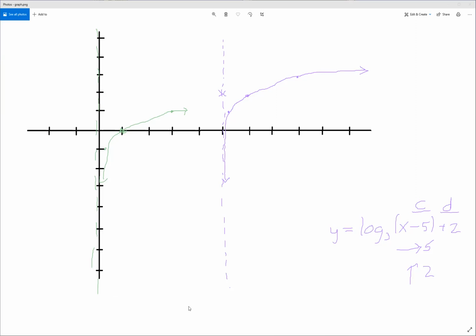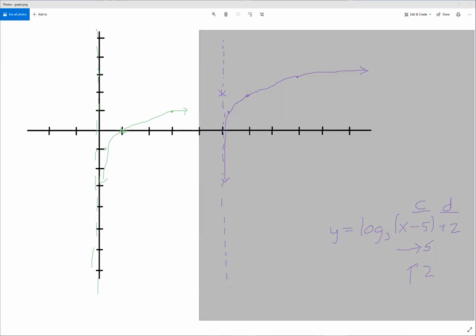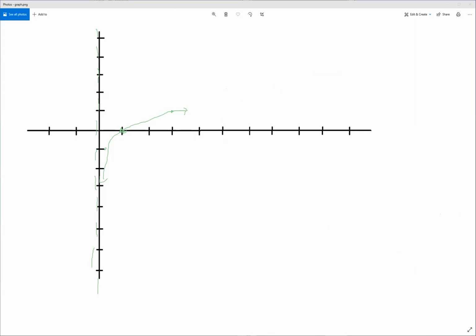What happens if we get into stuff that incorporates a vertical stretch or a horizontal stretch, though? So what if I said y equals log base 3 of 6 minus x? All right, let's rewrite this, because written like that doesn't make a whole lot of sense to us. It's negative x plus 6, which I'm going to rewrite one more time to be extra careful here.